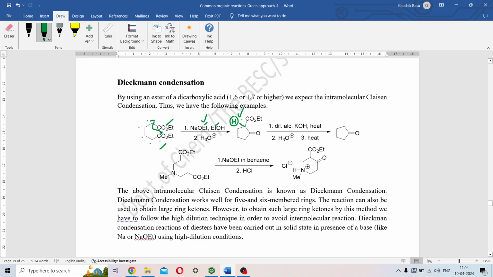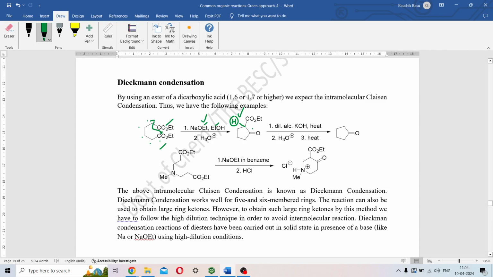So if you do not have this sort of a hydrogen present at this carbon, your Dieckmann condensation or Claisen condensation will fail if you are using sodium ethoxide as the base. In that case you have to use a much stronger base like Ph3CNa or something like that. And of course you cannot use sodium hydroxide here.